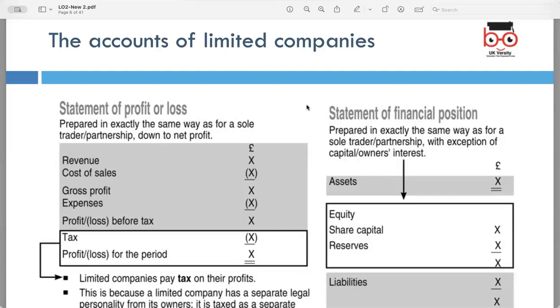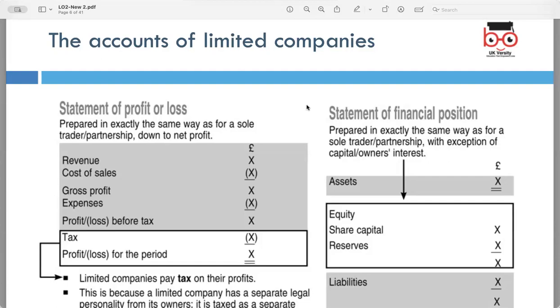The statement of profit or loss details the company's financial performance over a period, showing revenue, expenses, and profit or loss. The format is similar to that of sole traders and partnerships, with the primary differences being the inclusion of corporate specific terms such as shares, capital, and taxation.